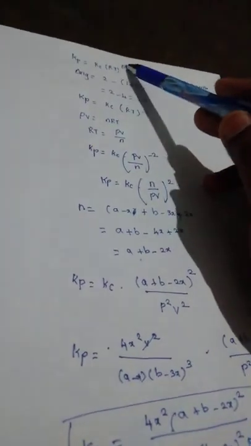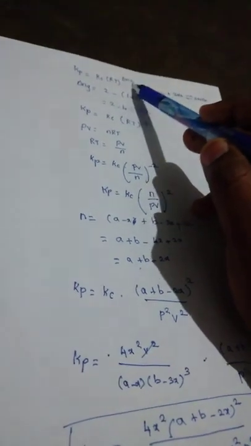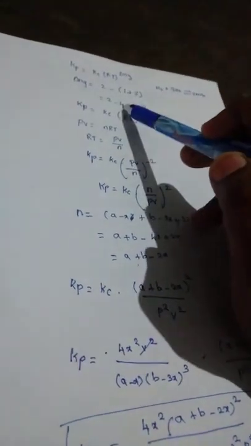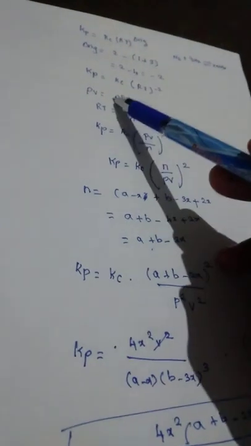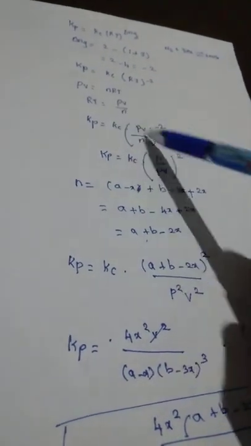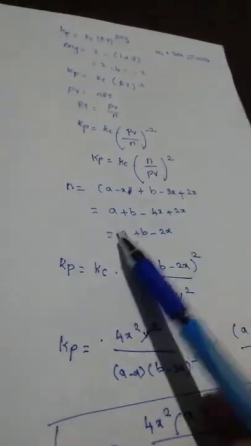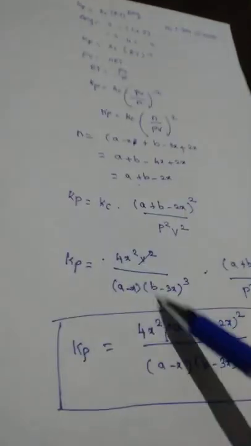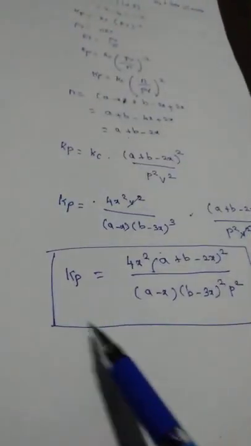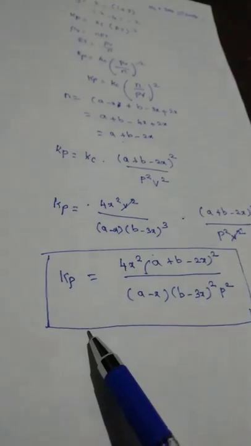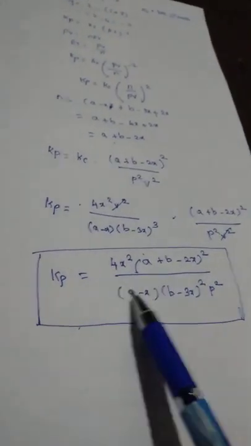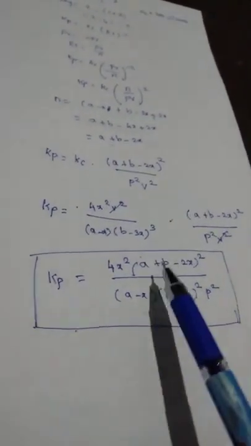For that just write the relation Kp is equal to Kc into RT power delta Ng. First calculate delta Ng. Then from the ideal gas equation calculate RT, then the n value. After calculating the n value, substitute all the values and calculate. You get the answer Kp. Understand? This is the derivation of Kp and Kc values of synthesis of ammonia.